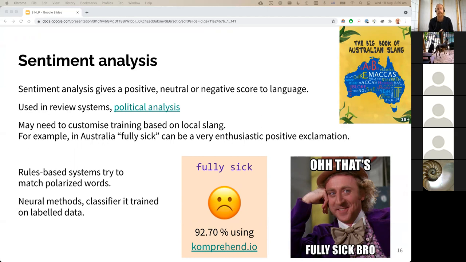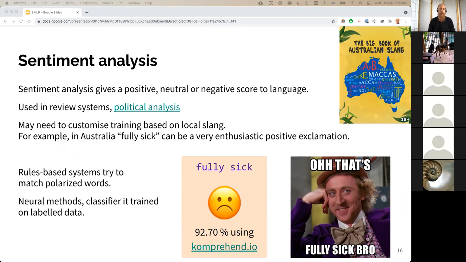If you had enough data and a neural model, you could use transfer learning to a local situation, then fine-tune on local data. So it depends on the application.